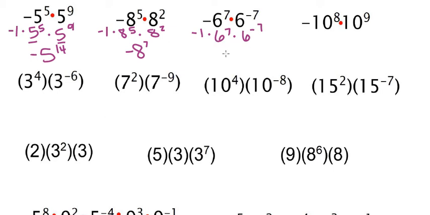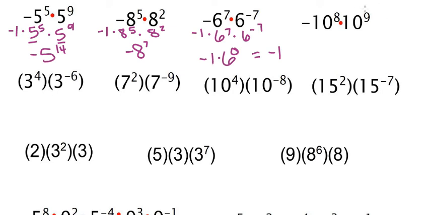So here I've got my common base of 6, and when I add here, that's 7 plus negative 7, so that's 6 to the power of 0. Well, now that's being multiplied by negative 1. So I've got negative 1 times 6 to the power of 0. Well, 6 to the power of 0 is positive 1, because we know that any base raised to the power of 0 is 1. So negative 1 times positive 1 is just going to give us negative 1.